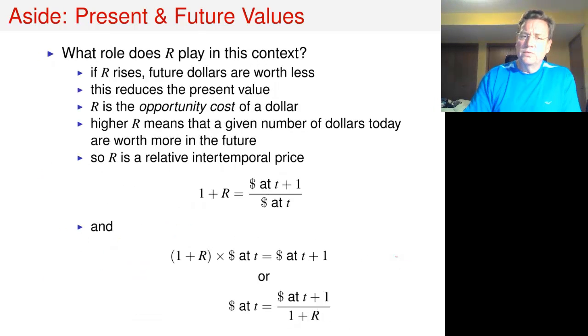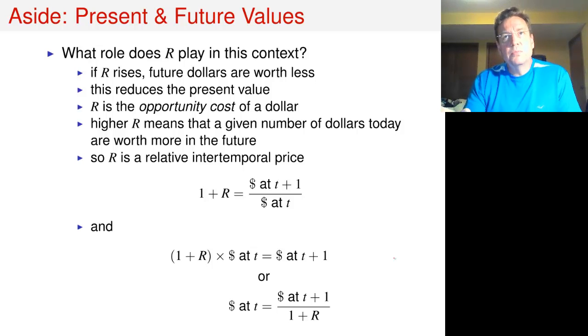So what role does R actually play? If the nominal interest rate rises, then future dollars become worth less, and this reduces the present value. Capital R is the opportunity cost of a dollar. A higher nominal interest rate means that a given number of dollars today are worth more in the future.